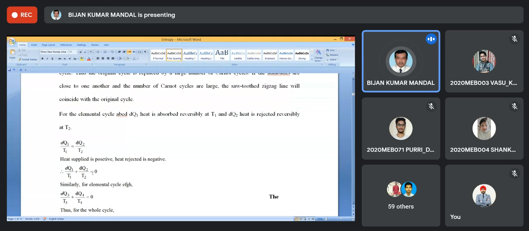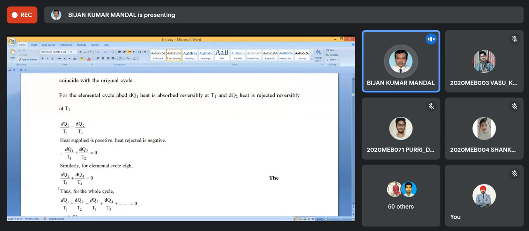Similarly, for the next cycle EFGH, the heat transfers are dQ3 at T3 and dQ4 at T4, so we write dQ3 by T3 plus dQ4 by T4, and this will go on because we do not know the number of cycles.